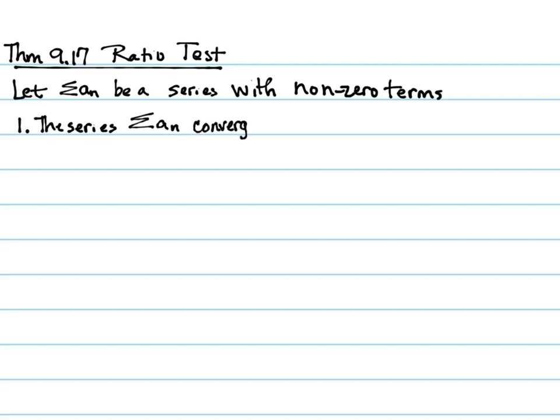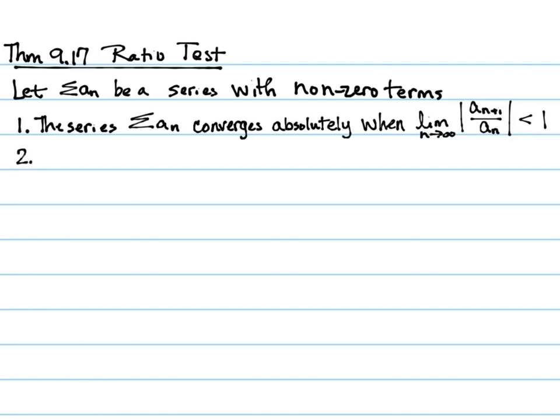So it converges absolutely when the limit as n goes to infinity of the ratio of a sub n plus 1 over a sub n is less than 1. So if we have our limit of consecutive terms being less than 1, the series will converge absolutely.